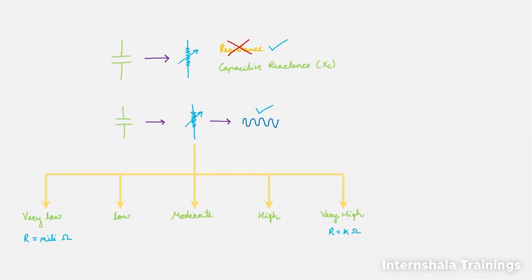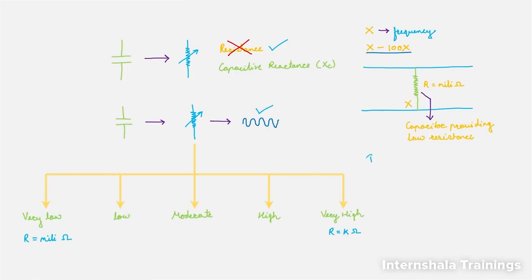For which frequencies it provides low resistance and for which high resistance depends on the value of the capacitor that you are using. For example, for X frequency or for a range of frequencies, if it provides low resistance, then those frequencies will be bypassed by that capacitor towards the ground. The reason is that a signal always chooses the shortest path to reach the ground, and also the lowest resistance path.